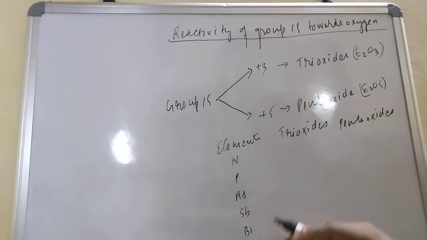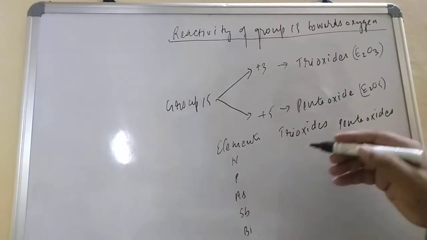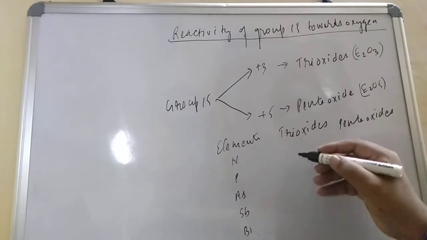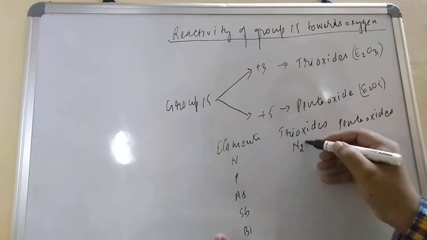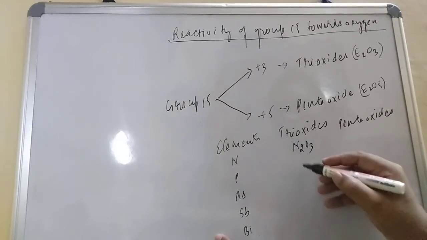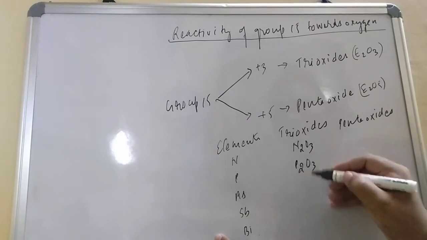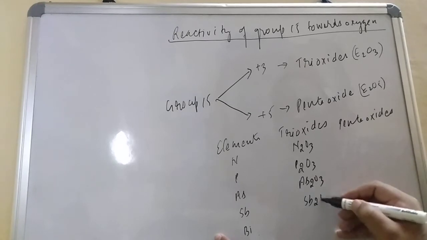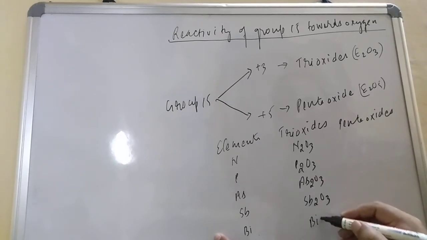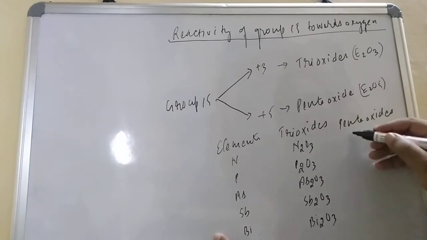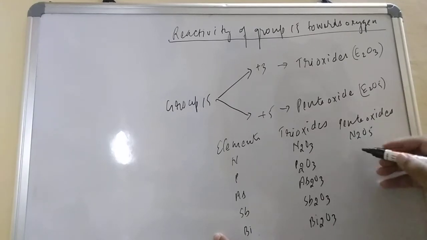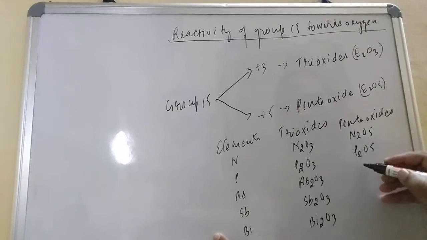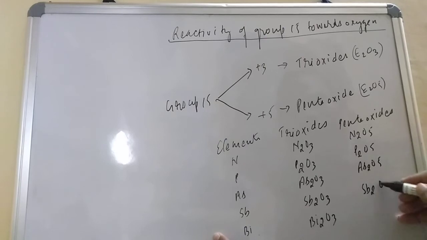If they react with oxygen, for the trioxide we get N2O3, P2O3, As2O3, Sb2O3 and Bi2O3. And for the pentoxide, N2O5, which is stable, and P2O5, As2O5, Sb2O5 and Bi2O5.